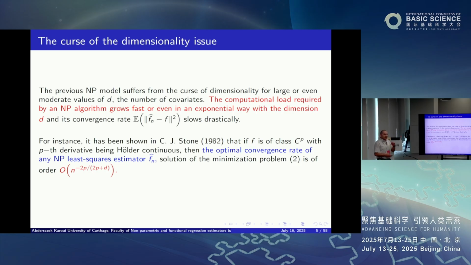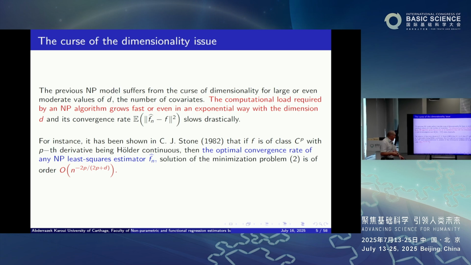It's an excellent theoretical result. Why? Because it tells us whether your estimator is good or not, if it attains the optimal convergence rate. This is proved theoretically, and this is a very, very important result of Stone. So if you are going to design an estimator, you have to look at the convergence rate.